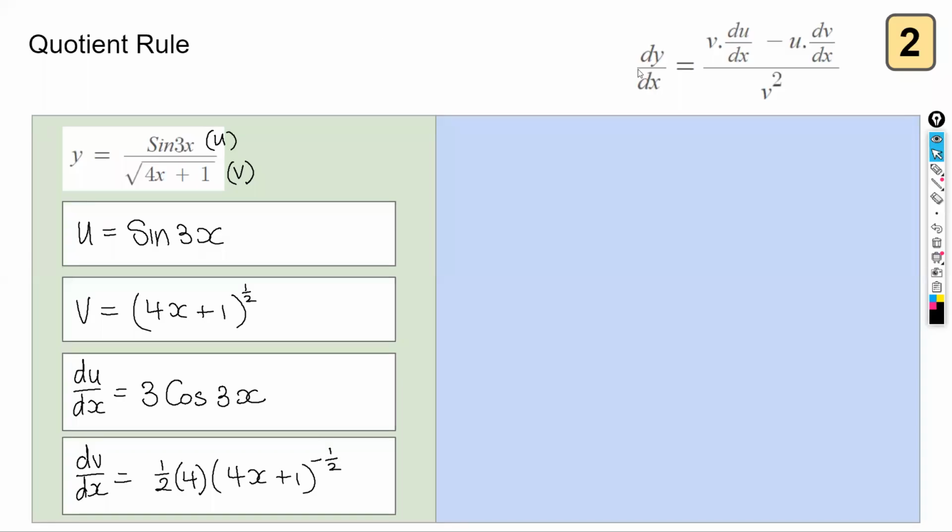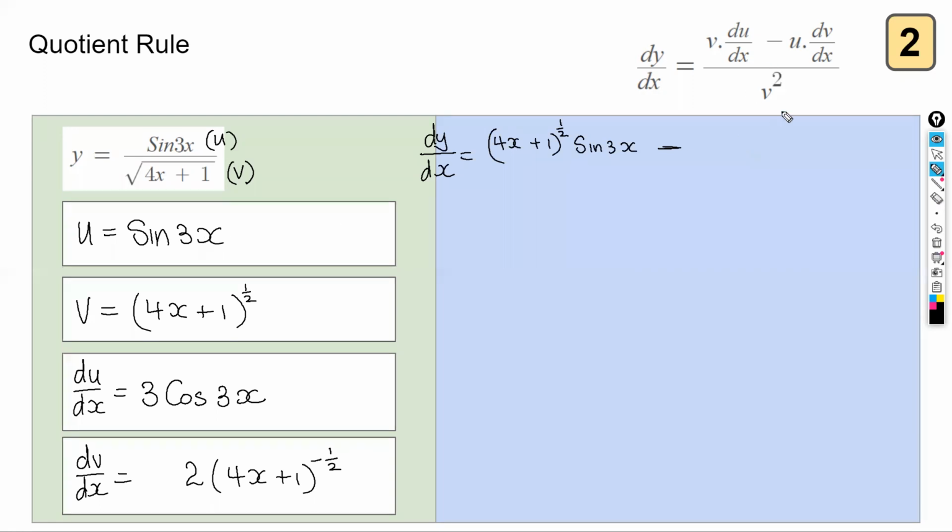I have a good feeling when we put this together, it's not going to look too good, right? So a half by 4 is 2. So I'm just going to leave this as 2 here. Dy dx. V is 4x plus 1 to the power a half. Multiply that by du dx. So that's sine 3x minus, the formula has a minus. Where's u?